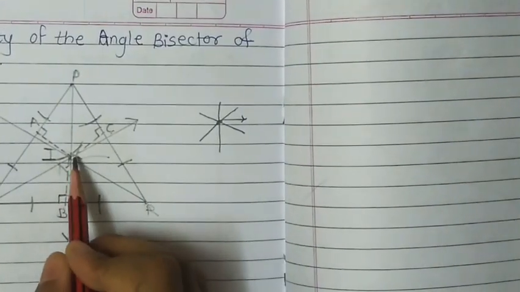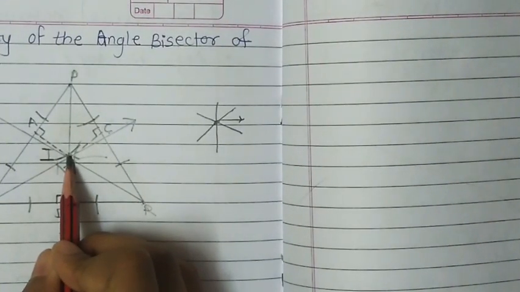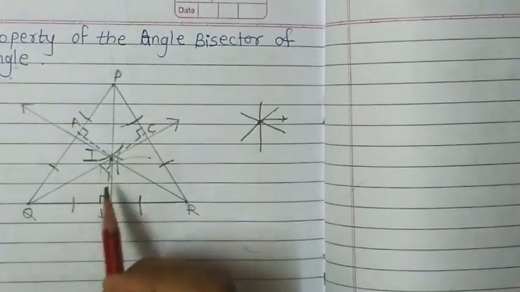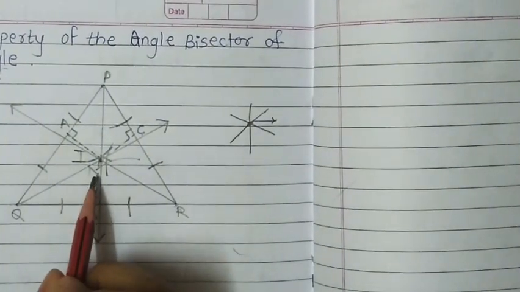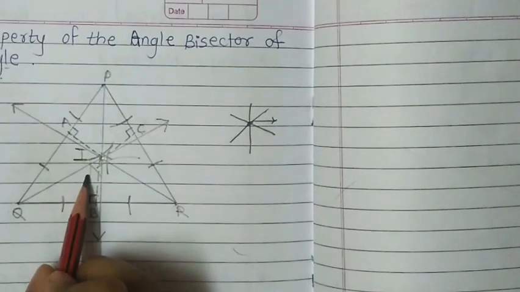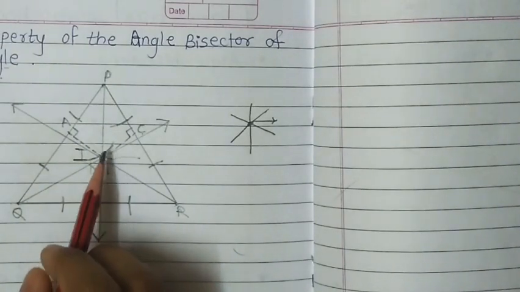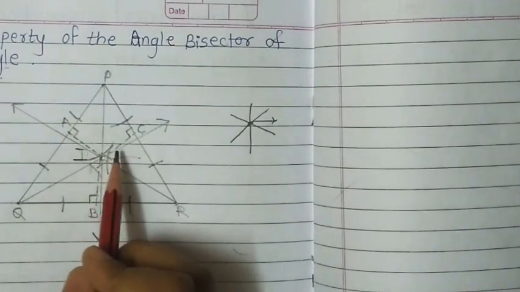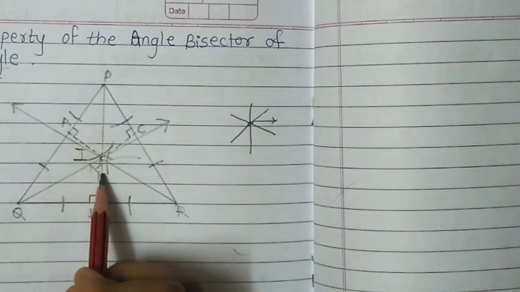Now children, as we know that this I is what? Yes, it is point of concurrence. Okay. So this point of concurrence of angle bisector of a triangle is in the interior of the triangle. Now children, tell me, where is the point of concurrence?